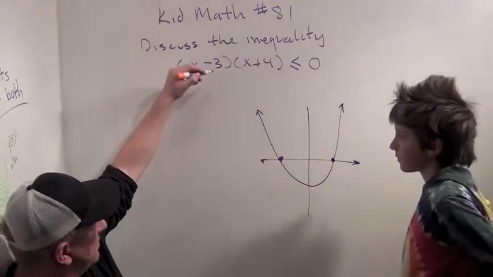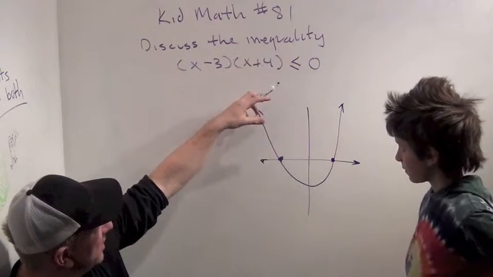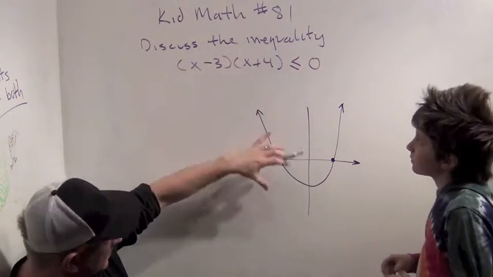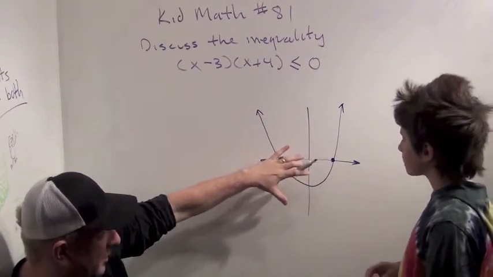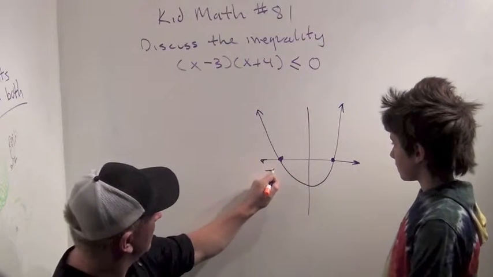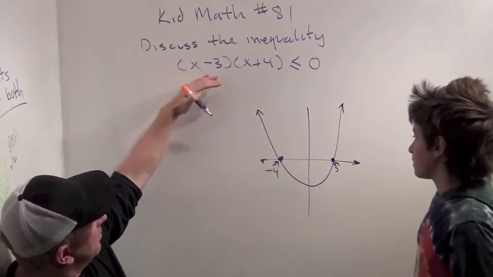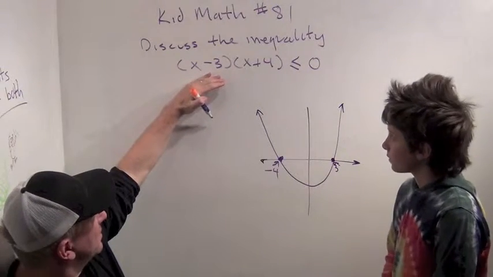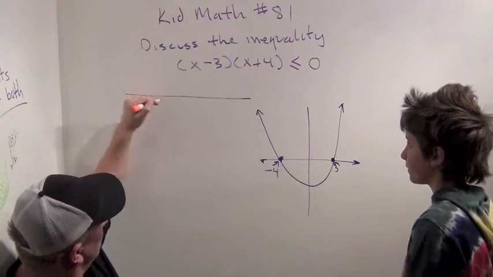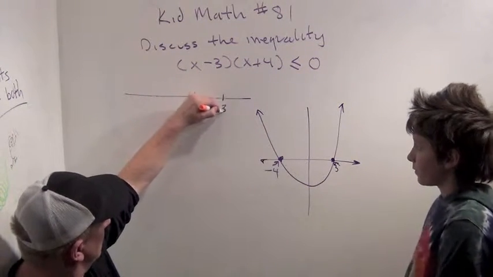So here we sketch the graph, and we're trying to understand when this product is less than 0. And we know it's going to look something like this, or we think anyway, because we know where the zeros are. This is -4, and this is 3. Well, one thing we know is these linear expressions are easy to figure out. If we have our number line here, here's 3.